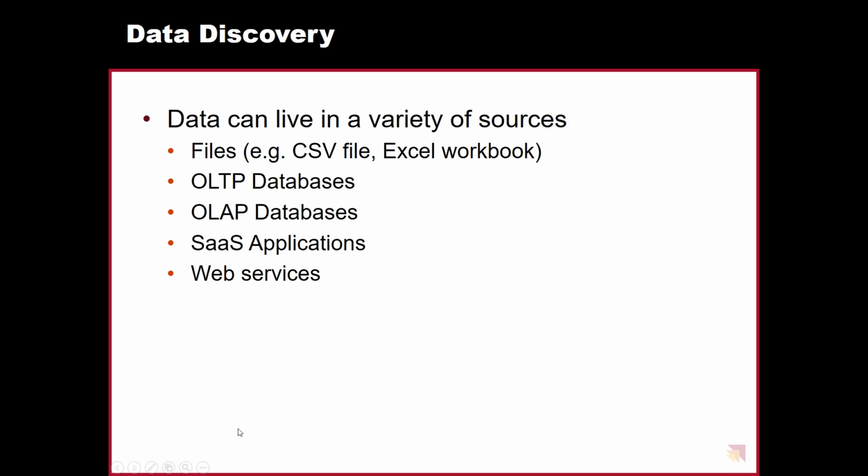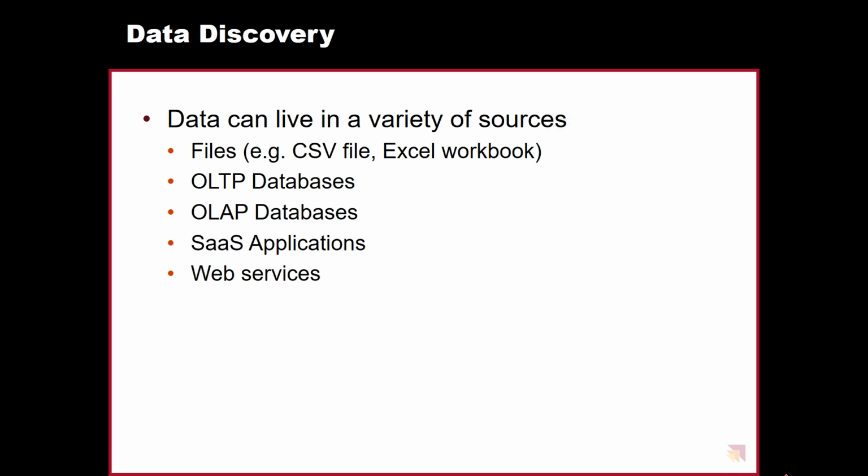Now, a huge step forward for Microsoft is to give us support for SaaS style applications, software as a service. So what are examples of this? Well, things like QuickBooks, Salesforce, GitHub, Facebook, the list goes on.